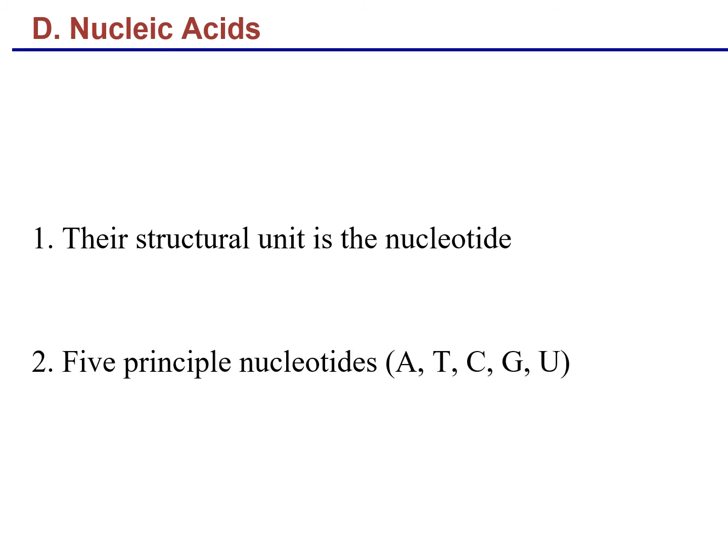Nucleotides come in basically 5 flavors. There's a nucleotide called adenine, one called thymine, cytosine, guanine, and uracil. So when we see large nucleic acids, they are made out of combinations of these 5 different types of nucleotides that we refer to by a 1-letter abbreviation.